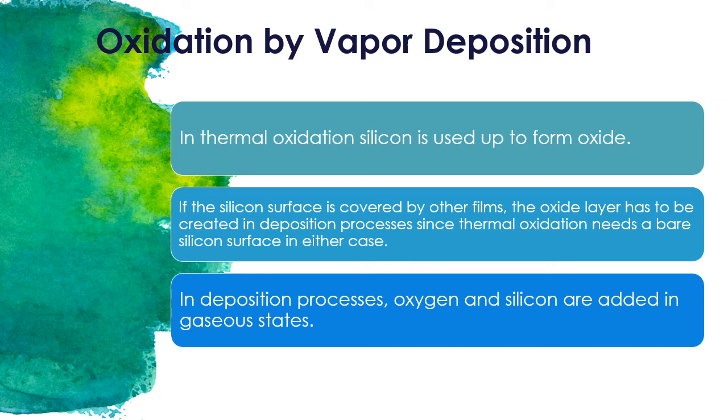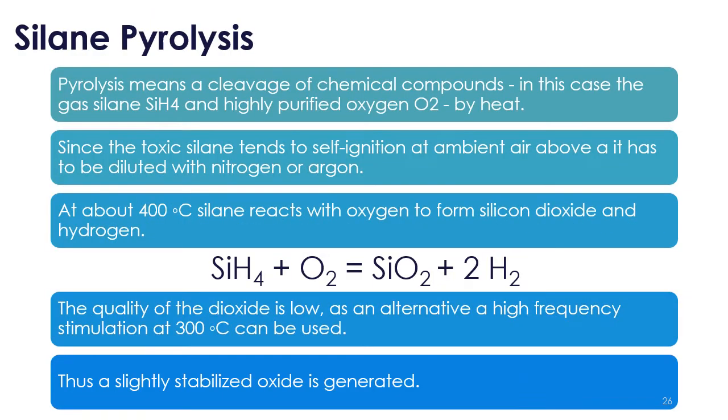In the deposition process, oxygen and silicon are added in gaseous state. There are two processes that can be used for vapor deposition. The first process is silane pyrolysis. Pyrolysis means a cleavage of a chemical compound.